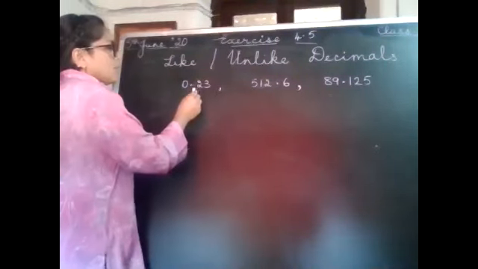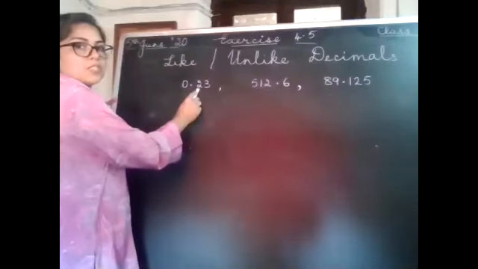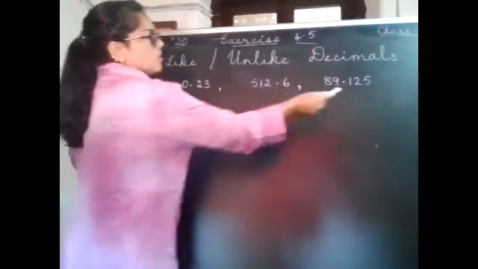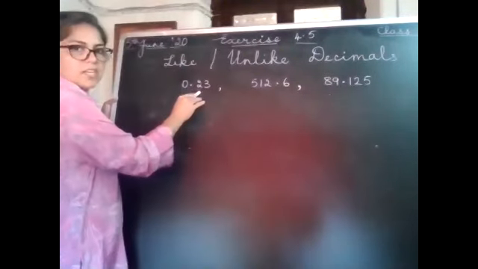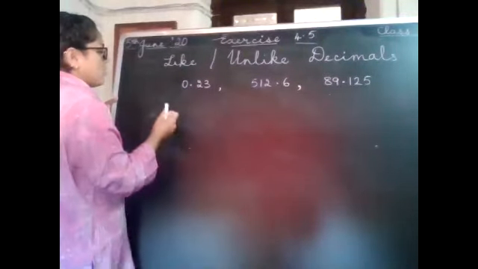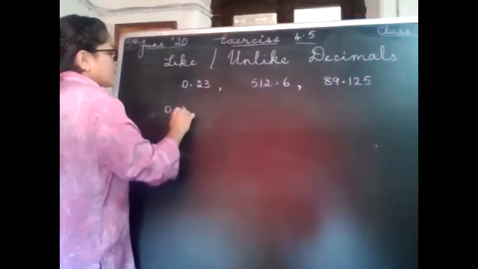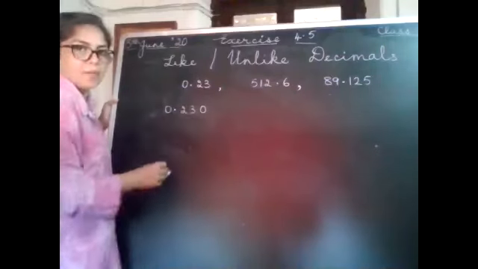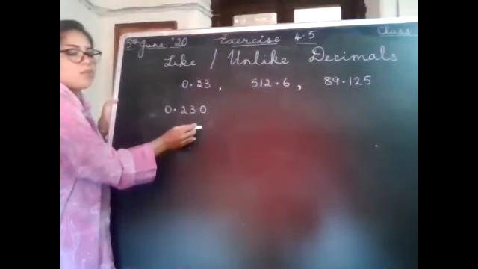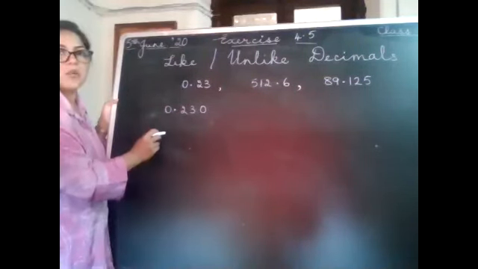So, what I can do is, I can change these 2 digits to 3 digits because we have 3 digits here. So, I can make this 3 digits, I can make this 3 digits also after the point. So, what will I do? At the end of the decimal part, I will place a 0. Now I haven't changed the value of the number.